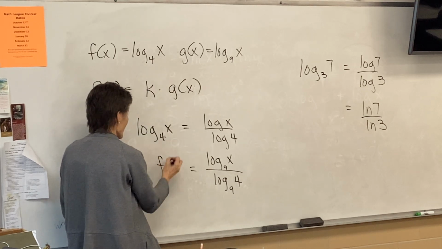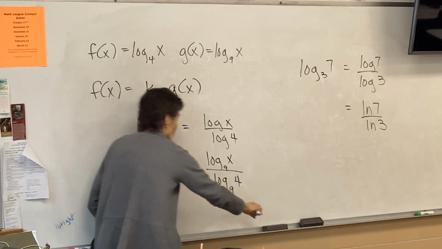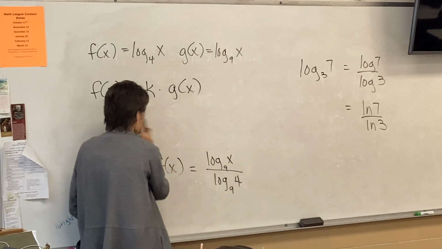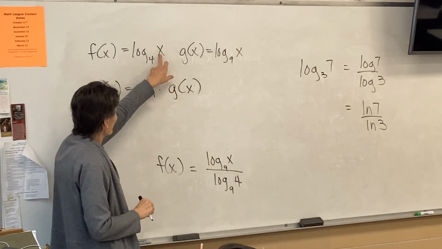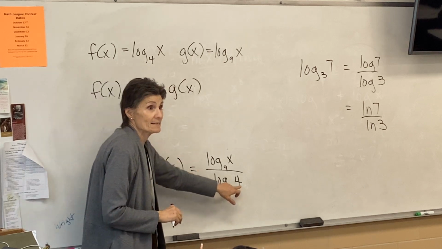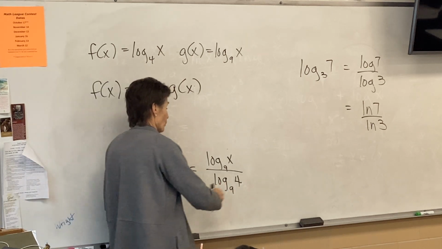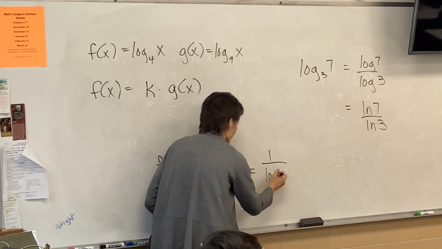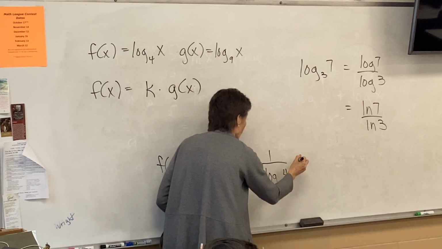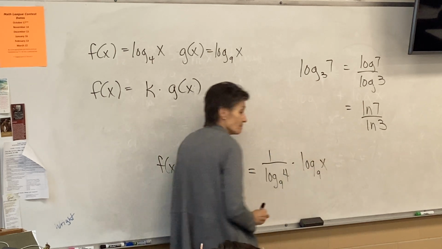So basically, f of x can be written as the log base 9 of x over the log base 9 of 4. In other words, f of x is 1 over the log base 9 of 4 times the log base 9 of x.